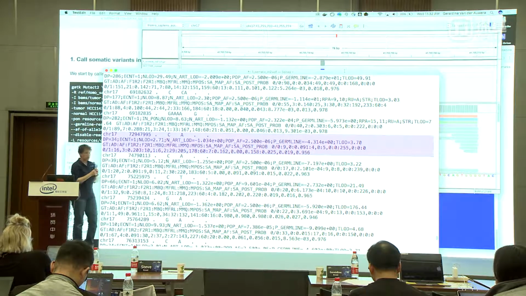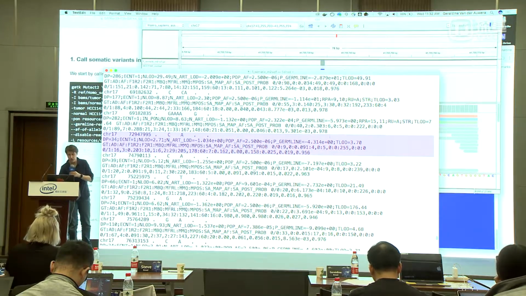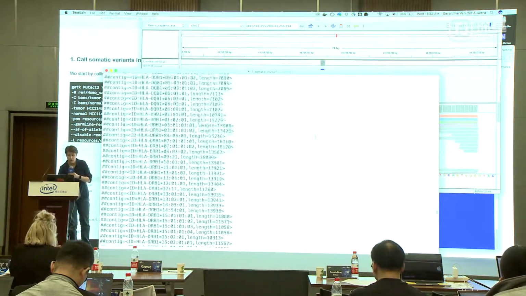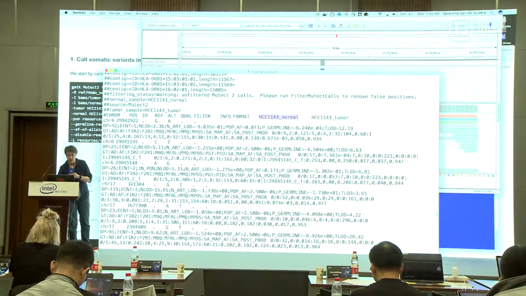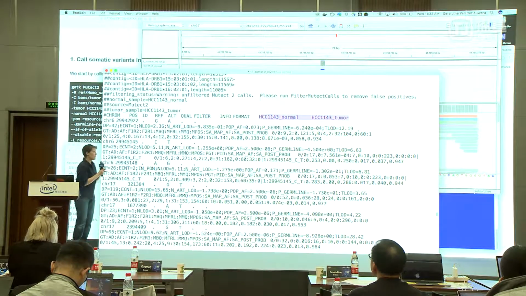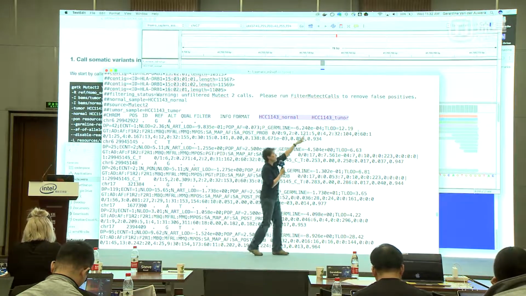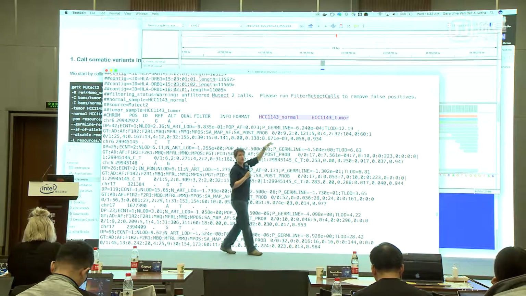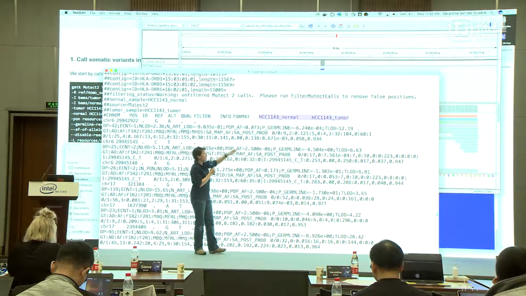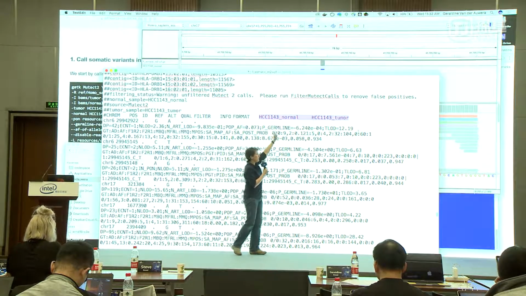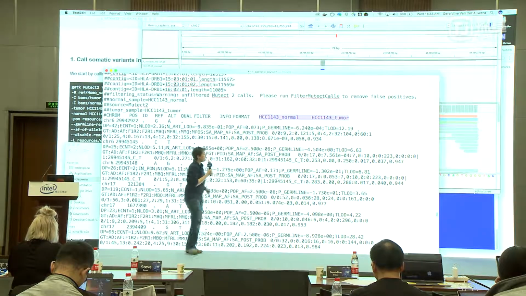As I mentioned, we're always going to have two samples in our VCF when we're running in the tumor-normal mode. You have the normal sample and the tumor sample. Their name doesn't have to say tumor or normal, but it is helpful since the first part is often the same sample name, and then you say which is normal, which is tumor.